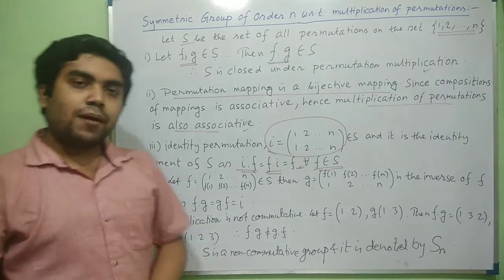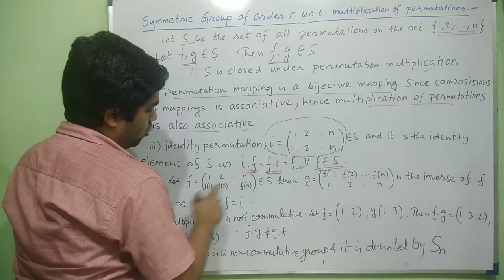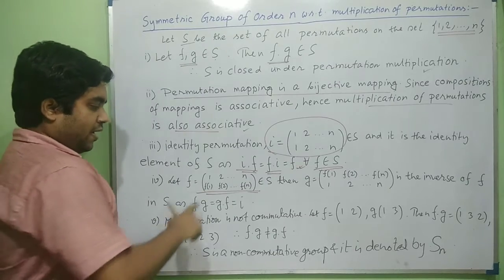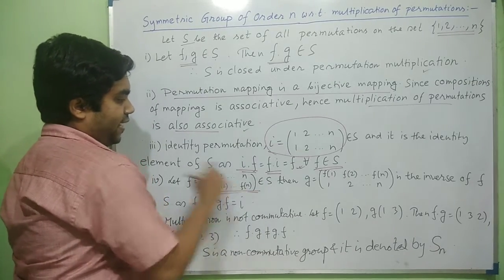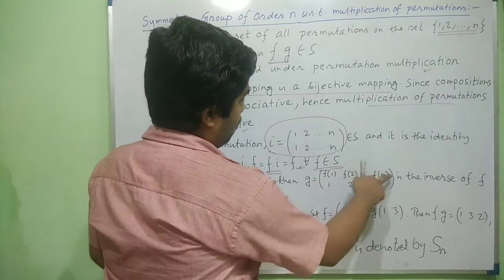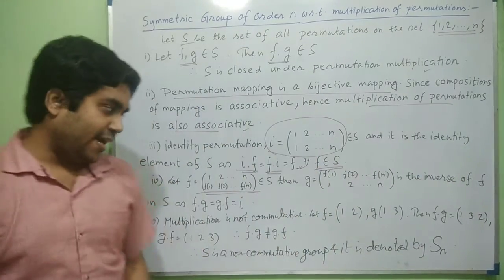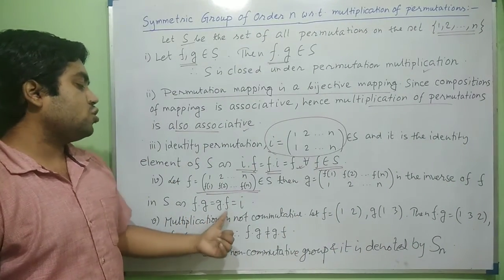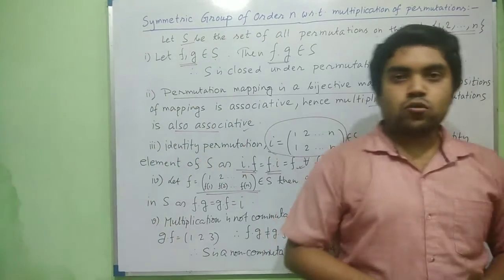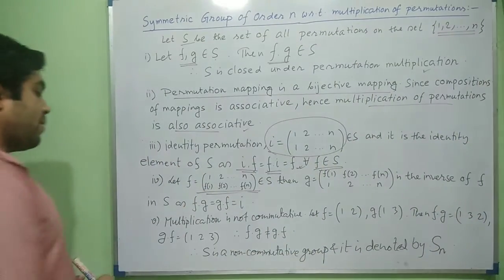So a permutation mapping is also invertible, and if f, with 1 to n on top and f1, f2, ..., fn below, is the general format of a permutation mapping and is a given element in the set S, then the inverse, that is f inverse, will have f1, f2, ..., fn on top and 1 to n below, and this is the inverse of f in the set S, as f dot g equal to g dot f gives the identity permutation. So in this way we can find an inverse for each element belonging to S. So the inverse element property is satisfied.